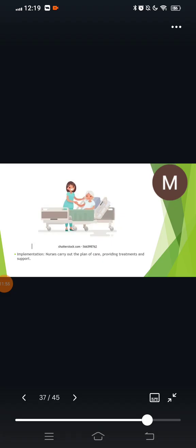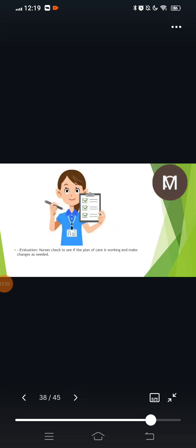Implementation. Nurses carry out the plan of care, providing treatments and support. Evaluation. Nurses check to see if the plan of care is working and make changes as needed.